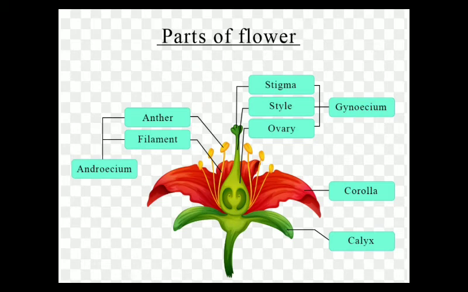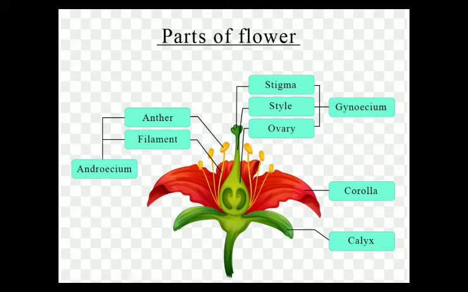In a typical flower we can see four different structures present: calyx, corolla, androecium and gynoecium. From one node the calyx will arise. From the next node the corolla will arise. From the next node androecium will arise, and finally from the topmost node the gynoecium will arise.